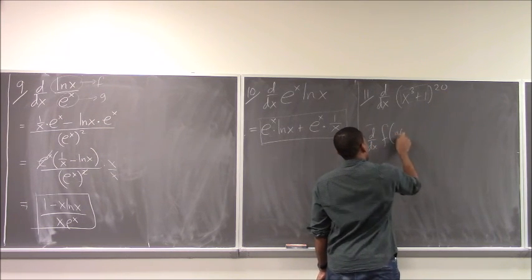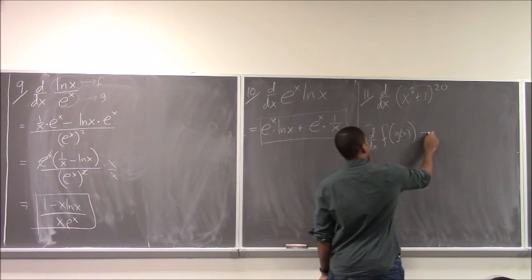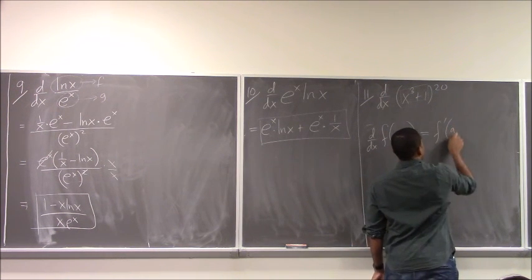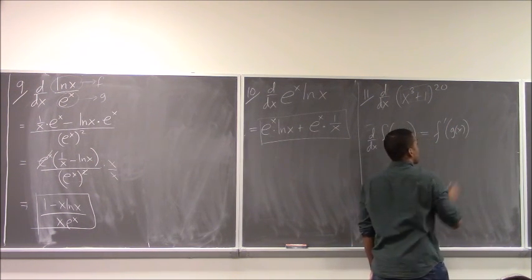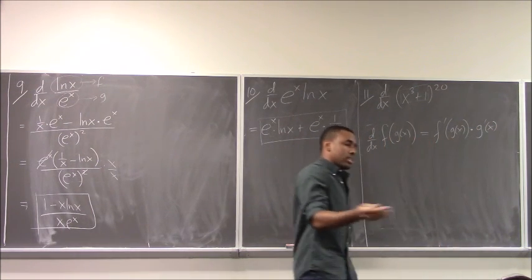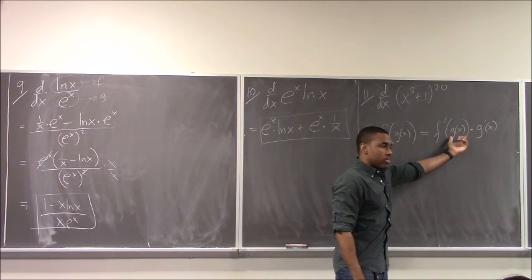What does the chain rule say? If I have an inside function and an outside function, how do I differentiate that? It's the derivative of the outside times the derivative of the inside, and when you're taking the derivative of the outside, you leave the inside alone.